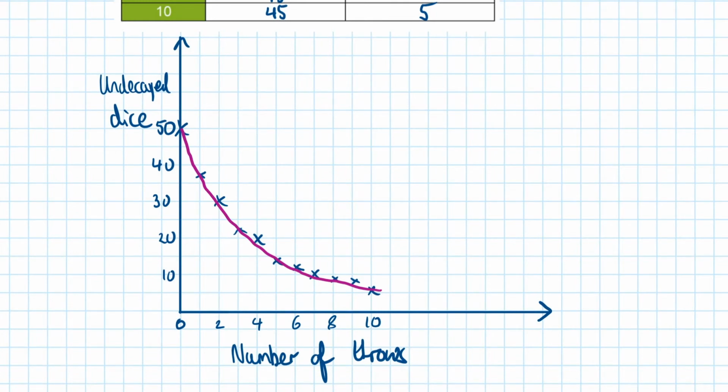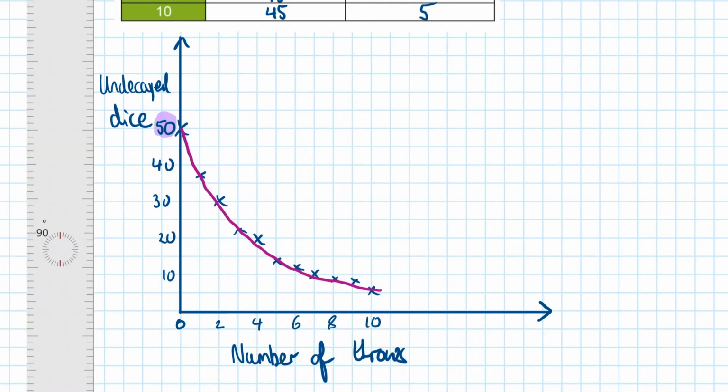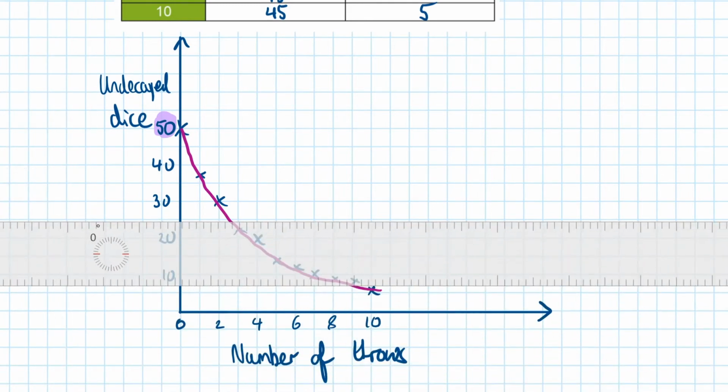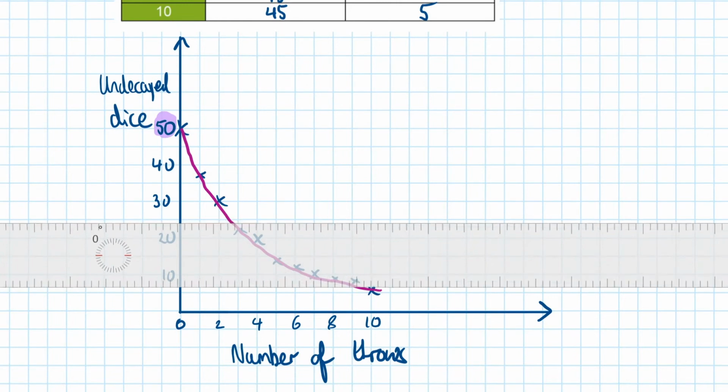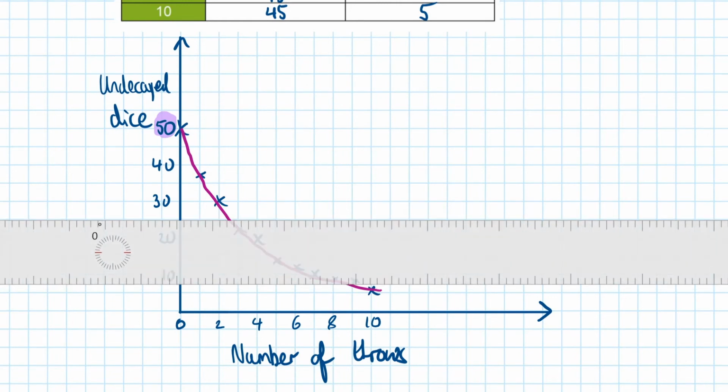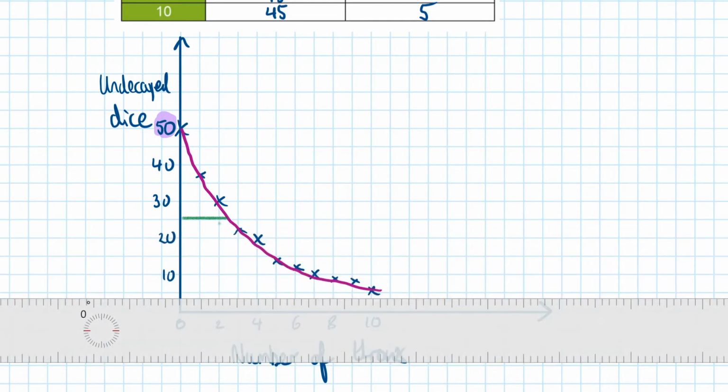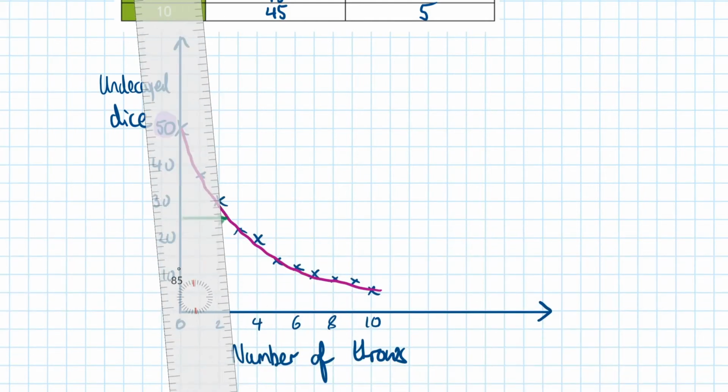So, to calculate the half-life, take your original value with 50 undecayed dice at the start. Half of 50 is 25. Go across from 25, see where it hits the curve. Extrapolate, so see where it hits the curve.